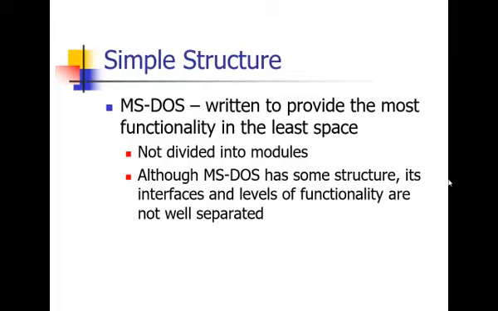It has a particular structure, but as you can see later in the next slide, it can access from any level to any level above or below. So although it has a structure, it does not provide a proper mechanism to go through the hierarchy, and that is one of the main drawbacks in MS-DOS.